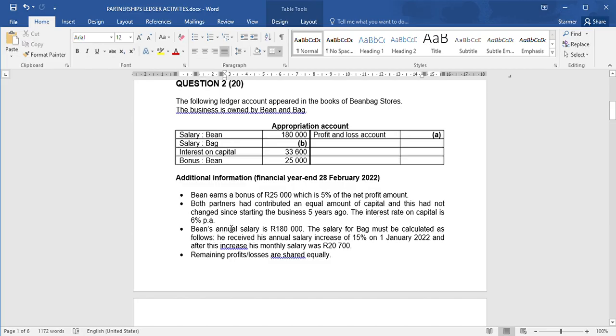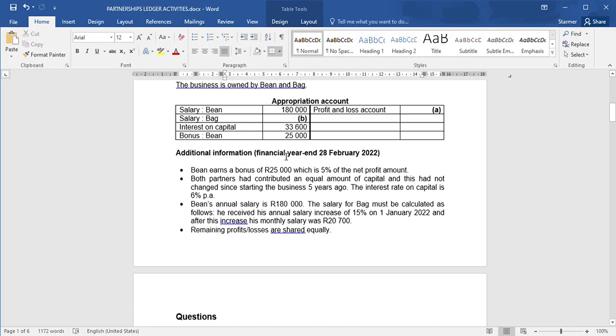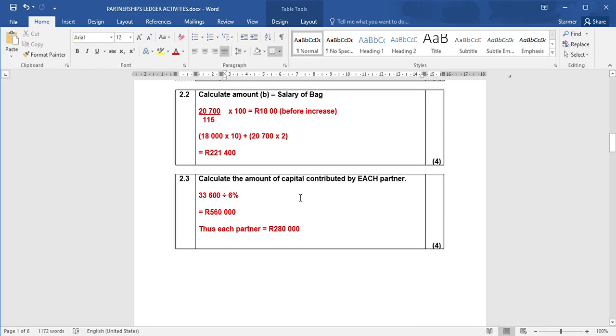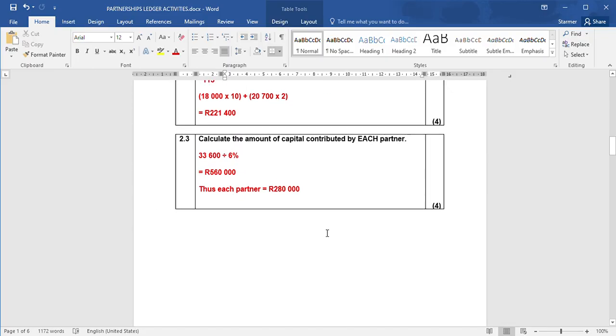So in other words, you took a number, you times it by 6%, and you got 33,600. So to work backwards here now, you're going to take the 33,600, you're going to divide by 6%. Gives you 560,000 in total, so half of it is going to be for each partner. Half of 560 gives you 280,000.